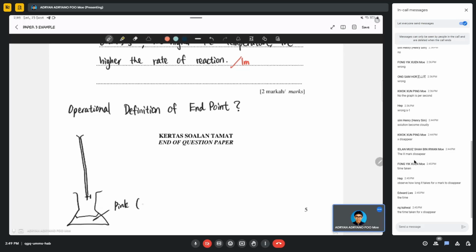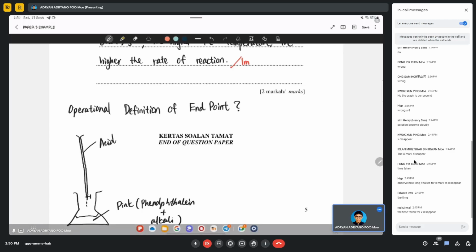The conical flask contains pink color solution. Why? Because of phenolphthalein added to the alkali. This one is pink color, right? And then what is inside the burette? The burette is acid. And then what did you do? You open the tap and drip the solution in, right?